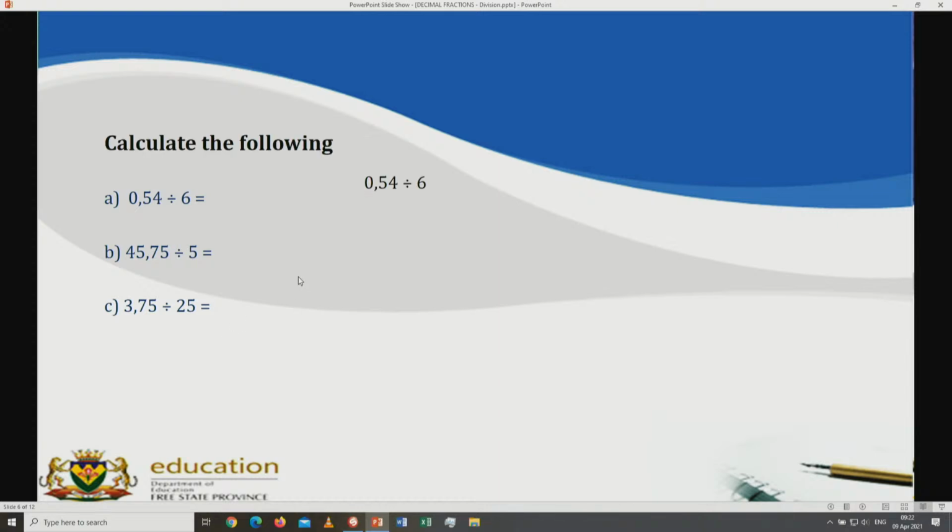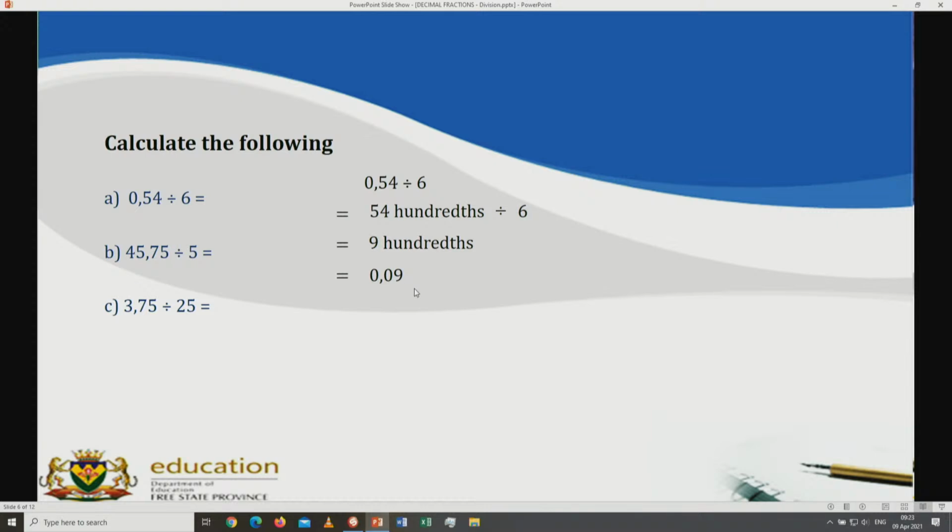Now, how do we calculate? Which method did I choose here? Let me see. Okay, I said 54 hundredths divided by 6. How much will it give me? 6 into 54 goes how many times? It goes 9 hundredths. Then, as a decimal fraction, it will give me 0,09. 9 hundredths as a decimal fraction is 0,09.